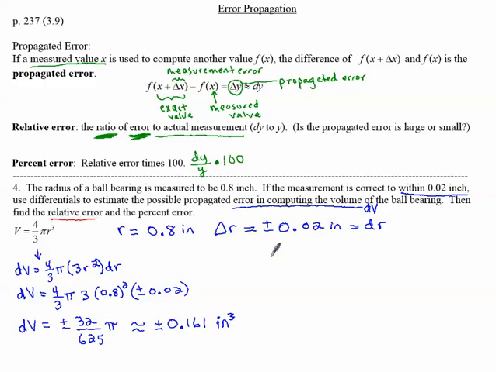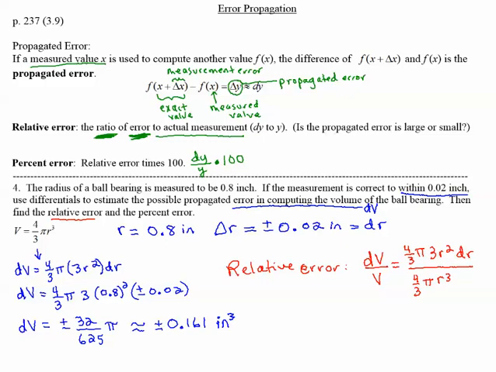Next, let's find that relative error. The relative error is the ratio of the error, dV, to the actual measurement of the volume. Remember earlier when we found dV, this expression, let's use that expression here, 4/3 pi times 3r squared dr divided by V, our volume formula, 4/3 pi r cubed.